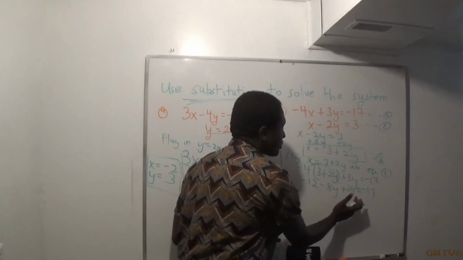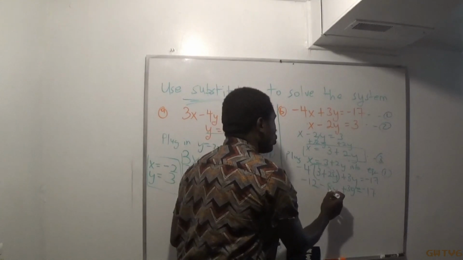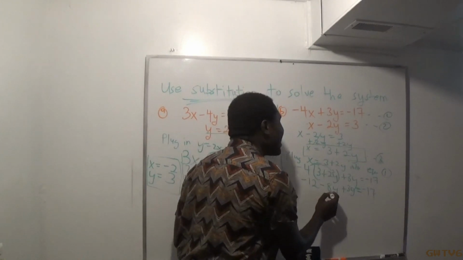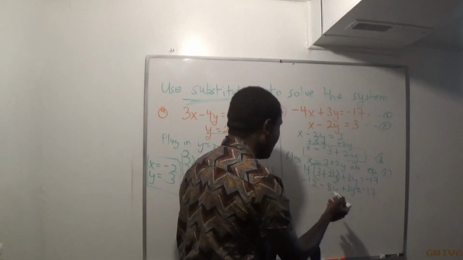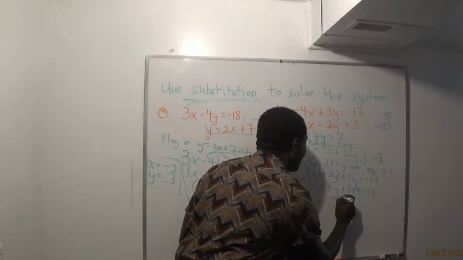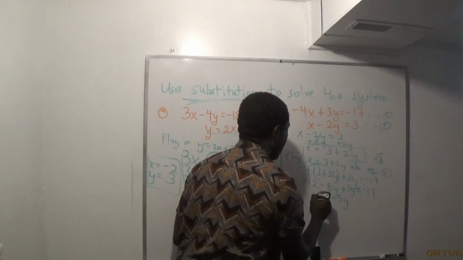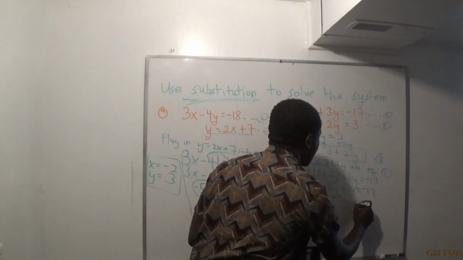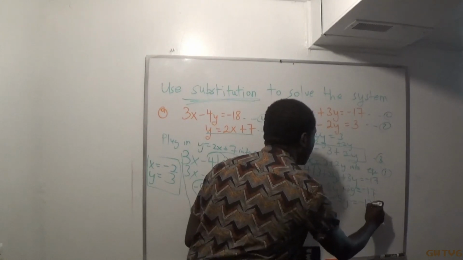So on this side of the equal sign, I should be able to combine these two. So I have -8 plus 3, and -8 plus 3 is -5. So I have -5y. I bring down my -12, and then my equal sign, and then -17.